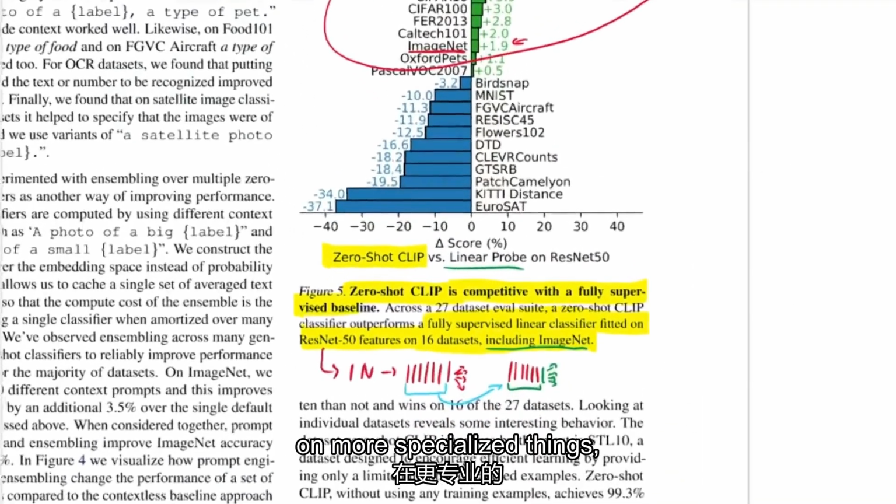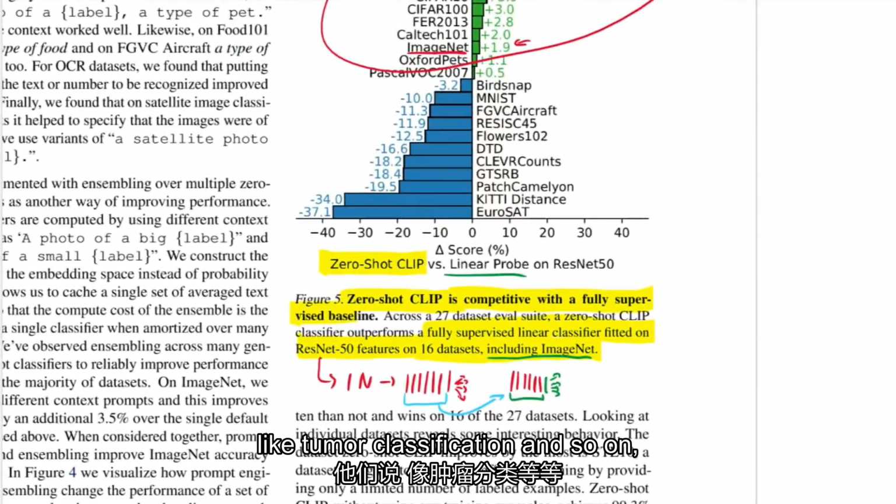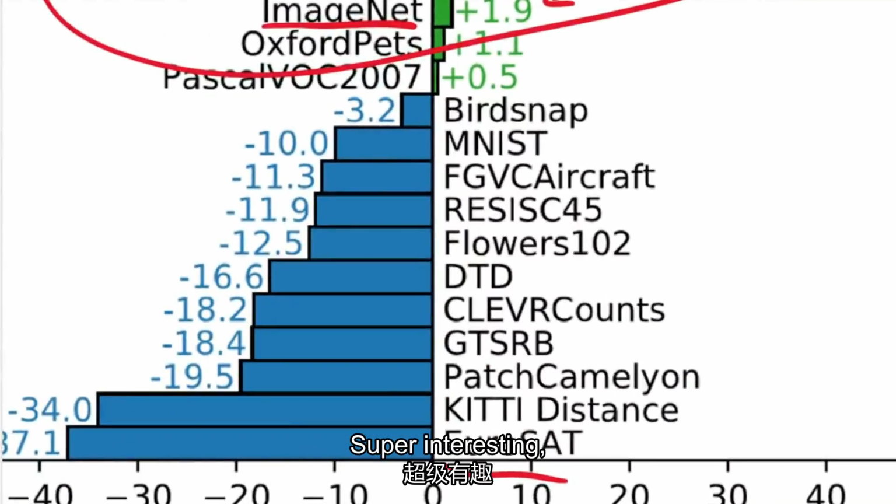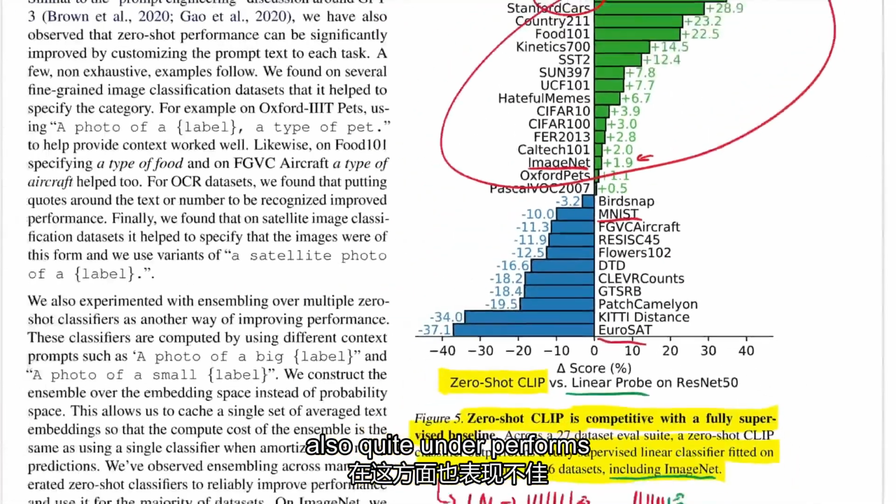However, on more specialized things, like tumor classification and satellite images, this CLIP objective still does pretty poorly, probably because that's not the type of images you find on the internet with a piece of text. Super interesting, MNIST, one of the easiest tasks in deep learning, it also quite underperforms.